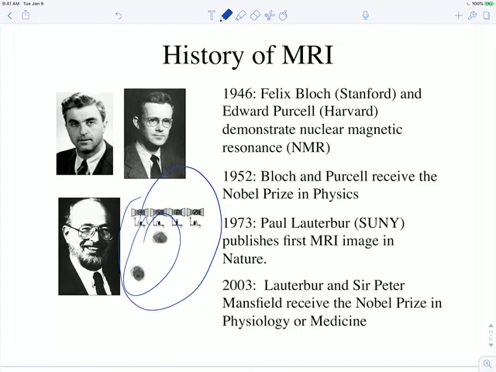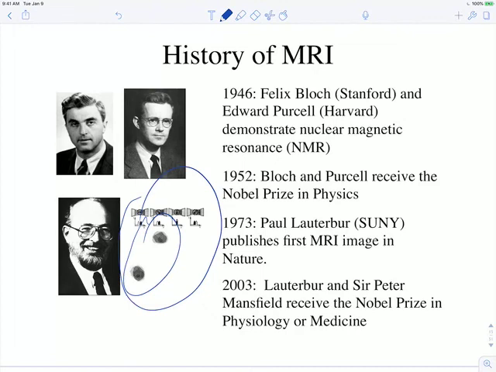NMR completely revolutionized chemistry. The main use of NMR for almost 30 years was exclusively in chemistry, looking at chemical spectra. But it wasn't until Paul Lauterbur, who was also a chemist, figured out that you had to do something a little differently that they were able to make images. The interesting thing is, it wasn't like they didn't have the technology back in 1946.